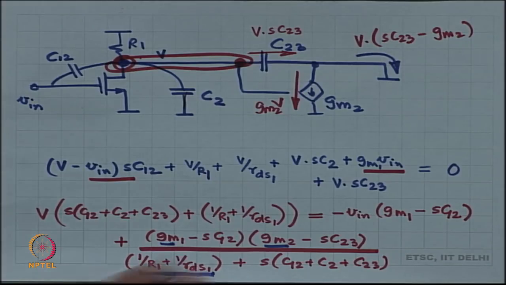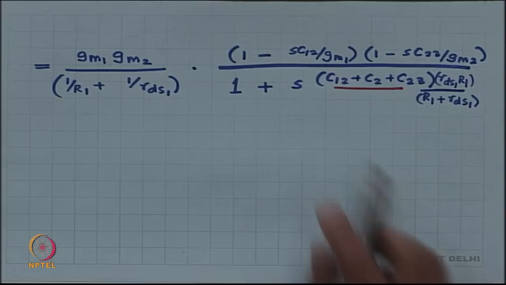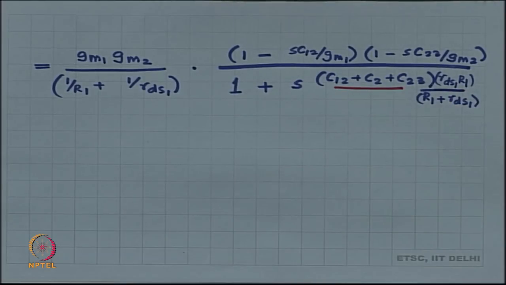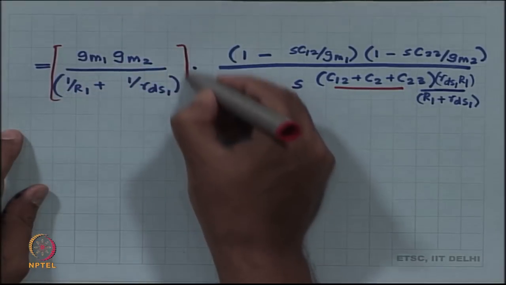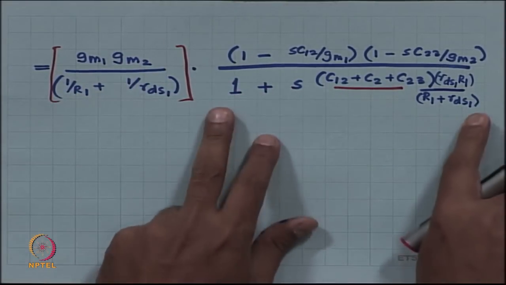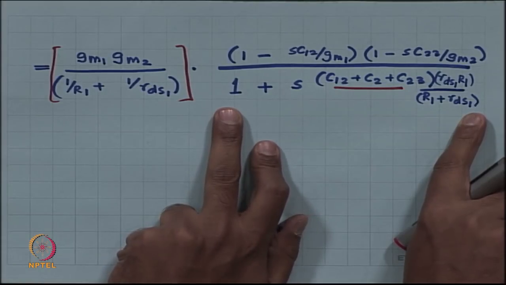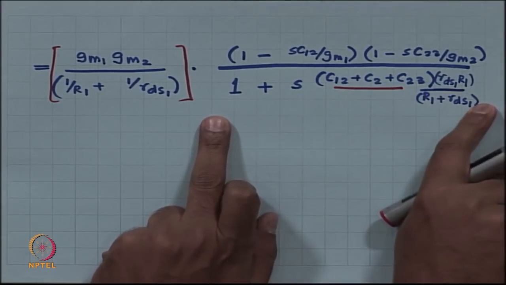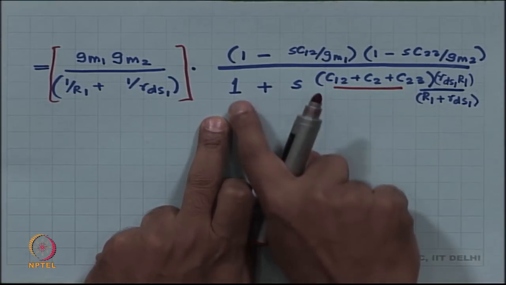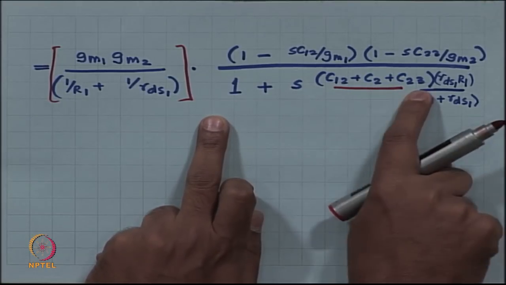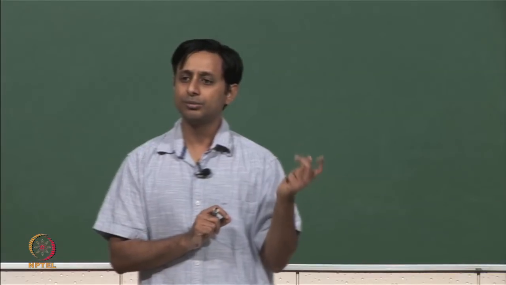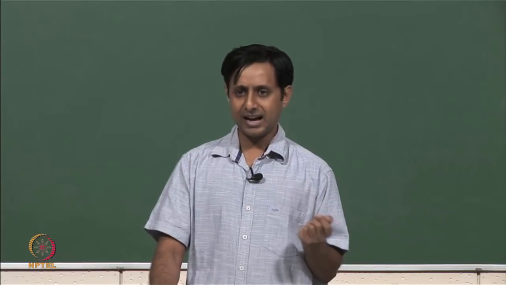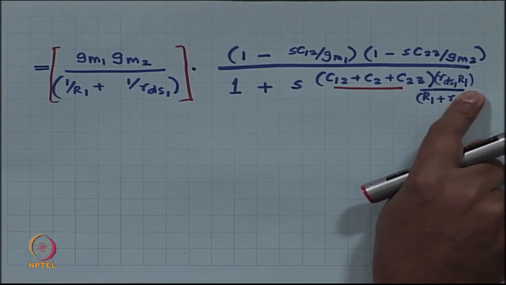So, therefore, you can directly write this whole expression by inspection. This was the DC term which you knew beforehand, and then the remaining part, okay, 1 plus SCR is the pole, 1 plus S, what C? The C is the effective capacitance at that one unknown node. What is the R? R is the effective resistance at that one unknown node.